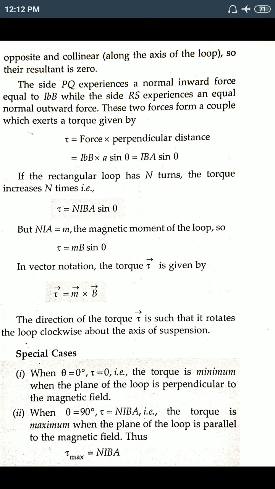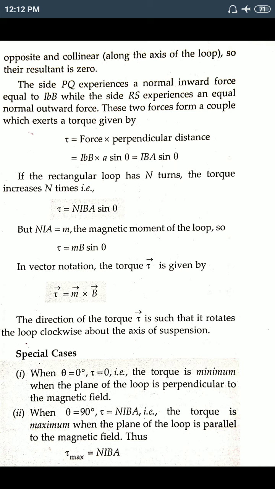Now here some special cases also are there. If theta equals 0, tau equals 0, that means torque is minimum when the plane of the loop is perpendicular to the magnetic field. So theta equals 0, because the normal and B are in the same direction. Now theta equals 90 degrees, so torque equals n into I into B into A. That is the maximum torque, when the plane of the loop is parallel to the magnetic field.